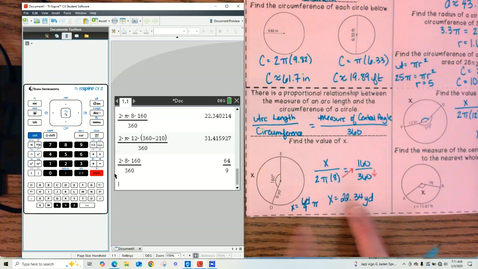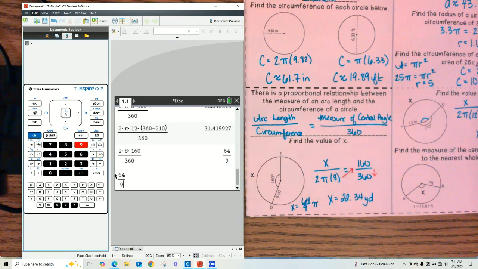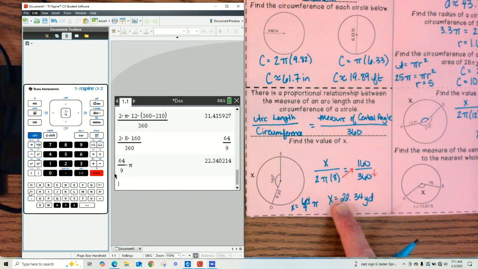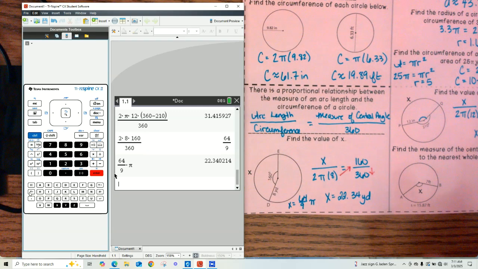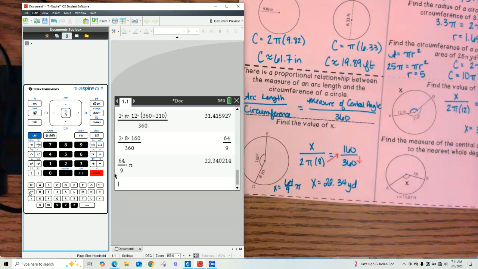These two represent the same thing. So if I type that fraction in, 64 over 9, and then attach the pi to the end and find a decimal, I get the same decimal equivalent. A lot of the times we do write our answers in terms of pi just because they are the most precise, specific answers.